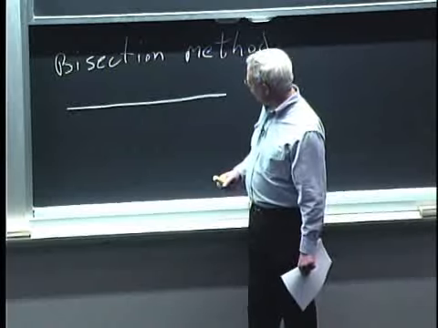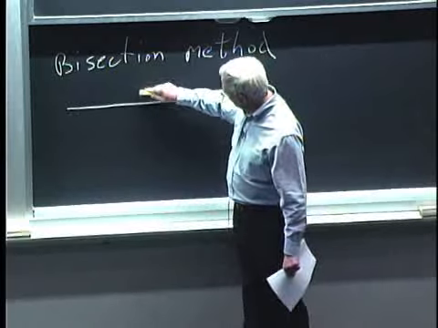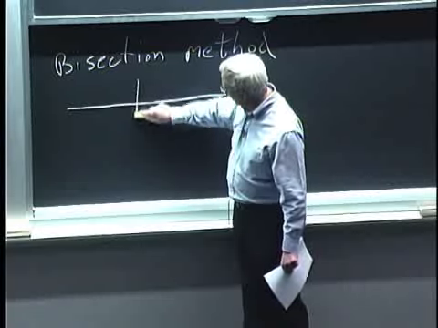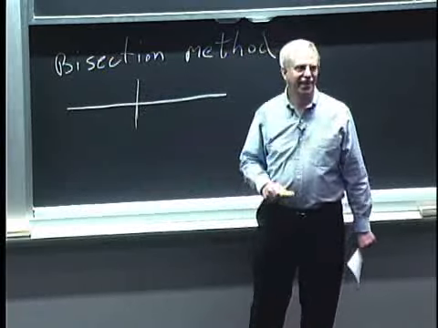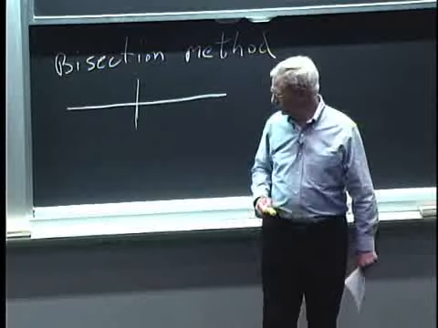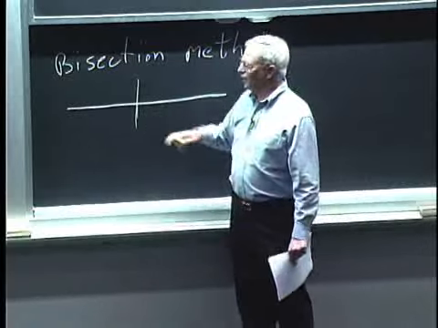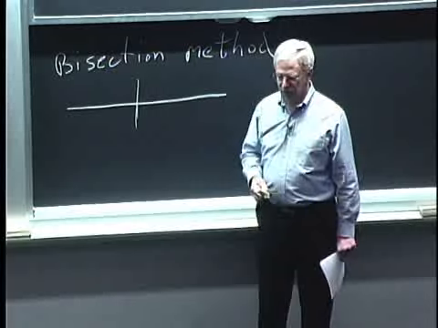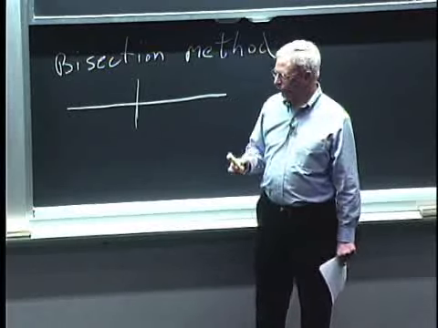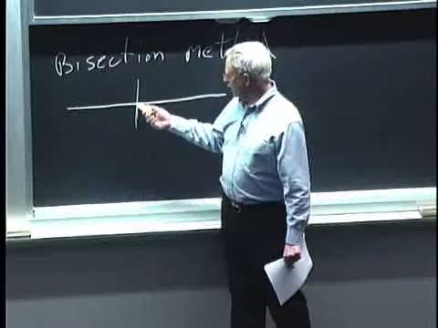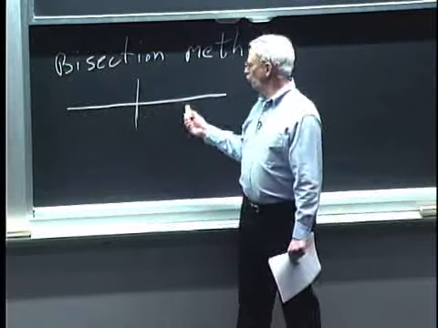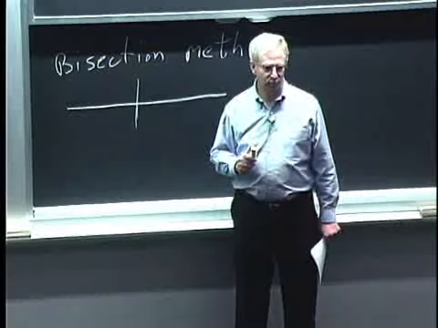And it has the property that if I take a guess somewhere, let's say there, I guess that's the answer to the question. If it turns out that's not the answer, I can easily determine whether the answer lies to the left or the right of the guess.